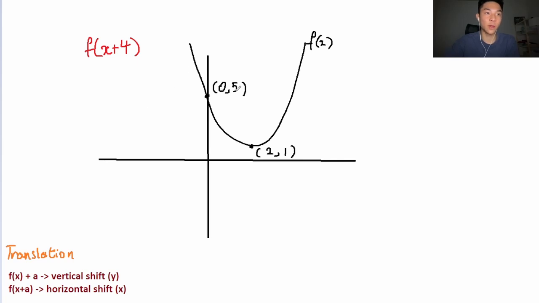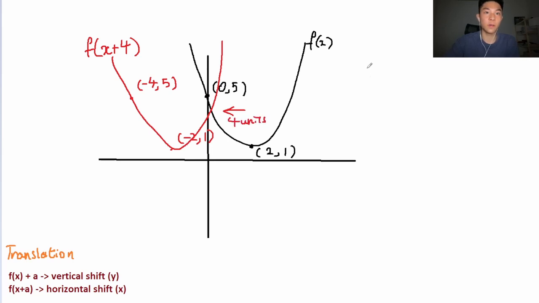So my y coordinate will stay the same, but my x coordinate will become negative 4, 5. And my (2, 1) will become (2 minus 4), so it will become (-2, 1). So my new graph will look like this. So it's a shift to the left by 4 units.